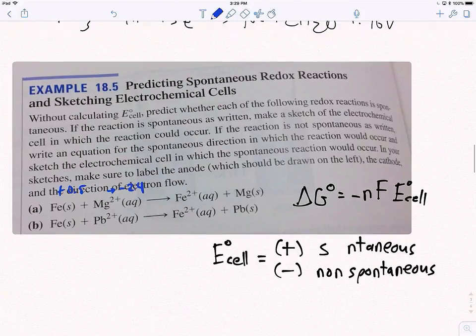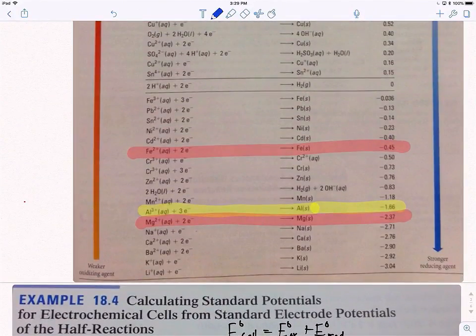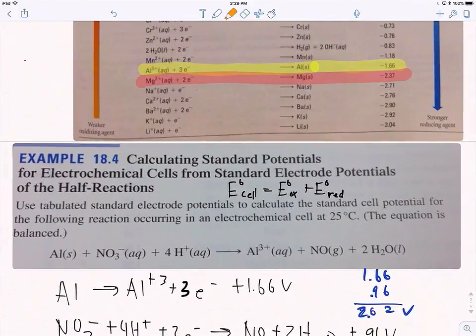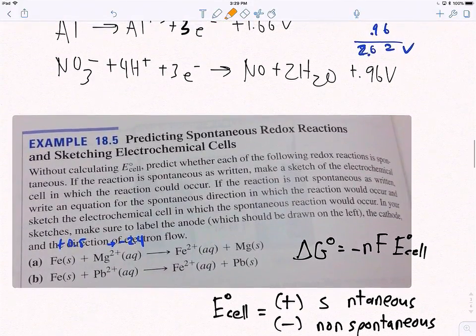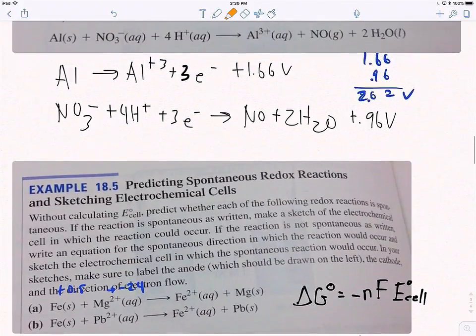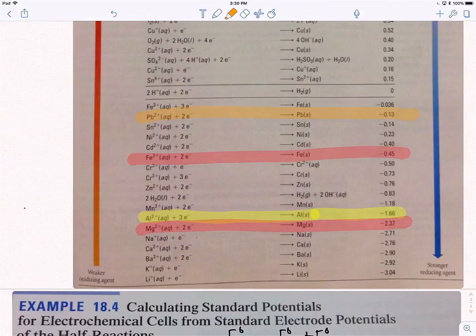Then let's look at iron and lead, though. So iron's there. Where's lead? Lead is here. So lead is above iron, though. So what is iron doing?